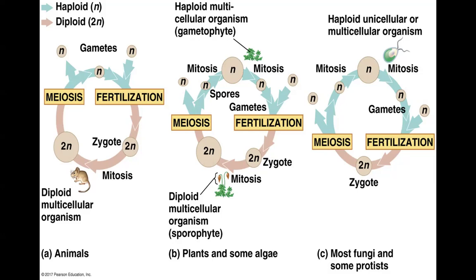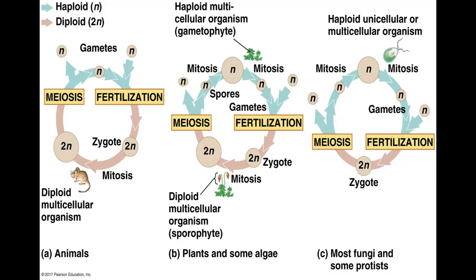This gametophyte then has the ability to produce gametes. So specialized cells within the gametophyte will be produced into gametes. These gametes will then undergo sexual reproduction, which will then undergo fertilization to form the diploid multicellular organism, or the sporophyte. So we can see that there's two different life forms, haploid multicellular as well as diploid multicellular, that can be utilized in this life strategy.